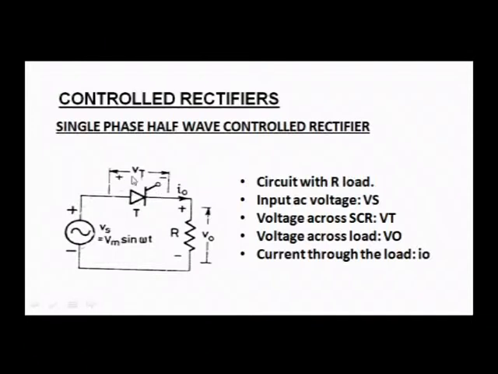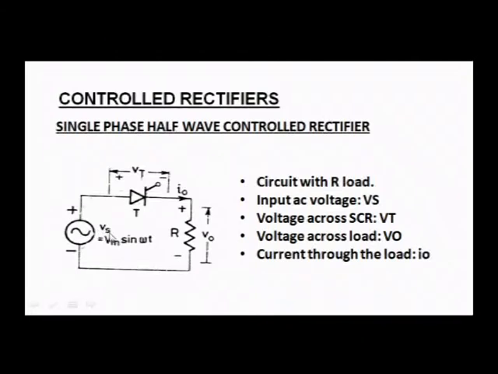Anyway, Vt is the voltage across the SCR, and please see the direction of current I0. I0 is the current through the load. I am marking all these terminologies because in the waveforms I have to show all these.